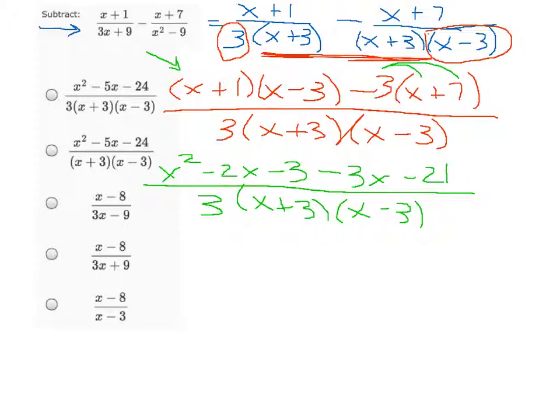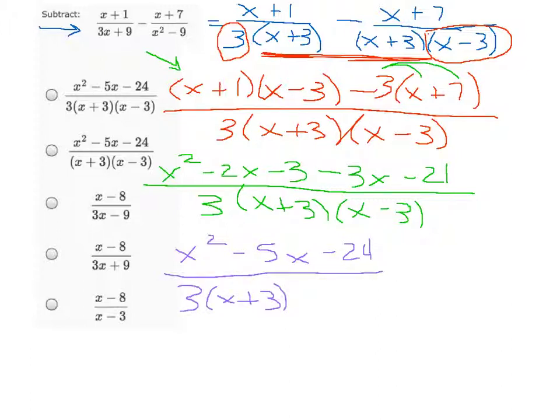Now we can combine our like terms in our numerator, so we are left with x squared minus 5x minus 24 divided by 3 times the quantity x plus 3 times the quantity x minus 3.